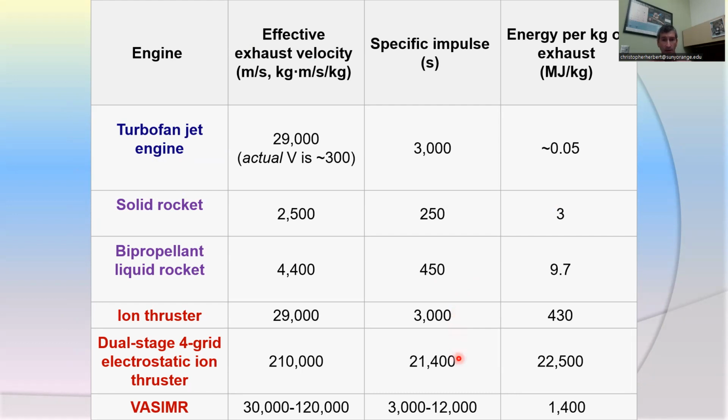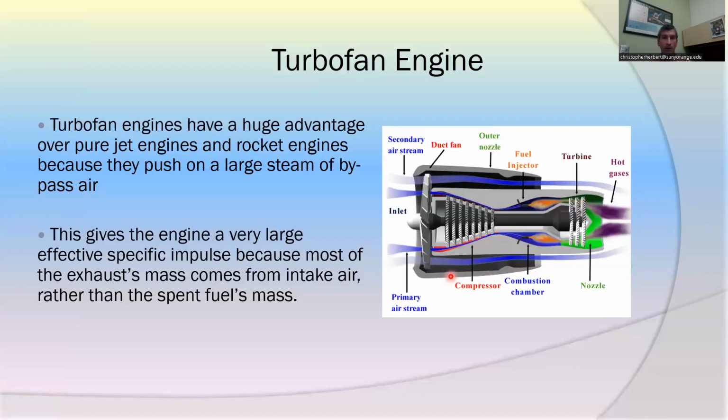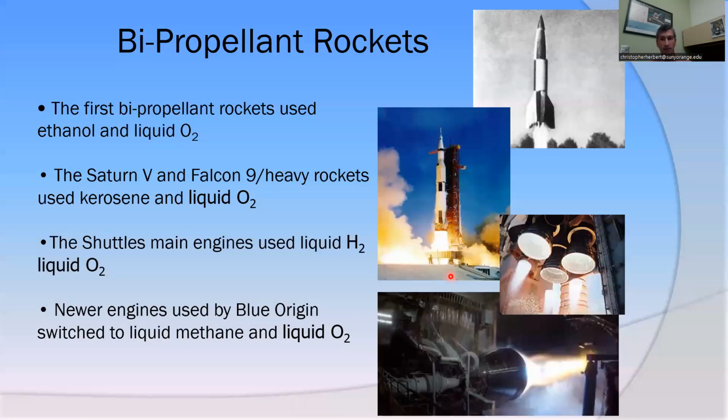In terms of the most advanced ion engine that's being developed, you can obtain almost 100 times, more like around 40 times the specific impulse of a bipropellant rocket. And that produces massive amounts of improvement in terms of the overall efficiency of the system.